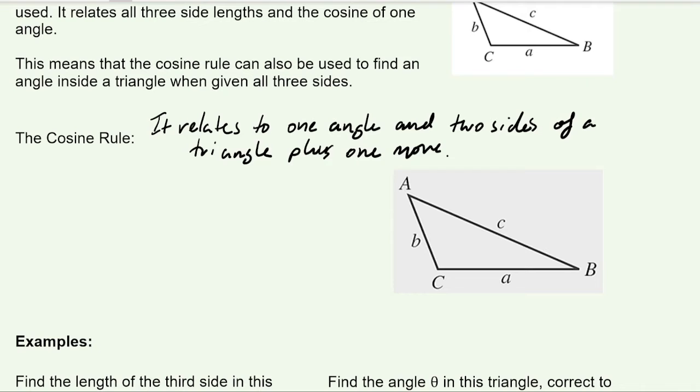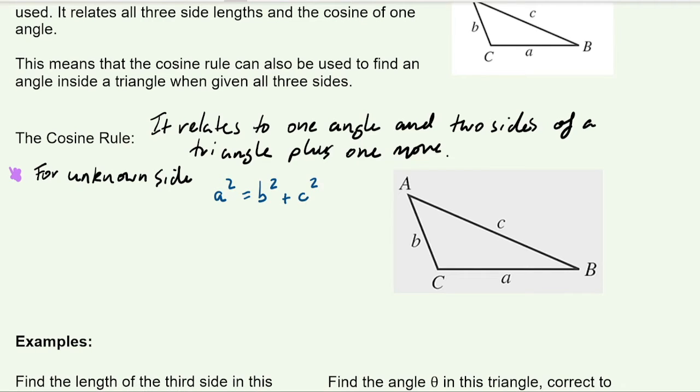Now the rule itself, when we're applying it to an unknown side, the rule itself is going to be a squared, so lowercase a squared equals b squared plus c squared.